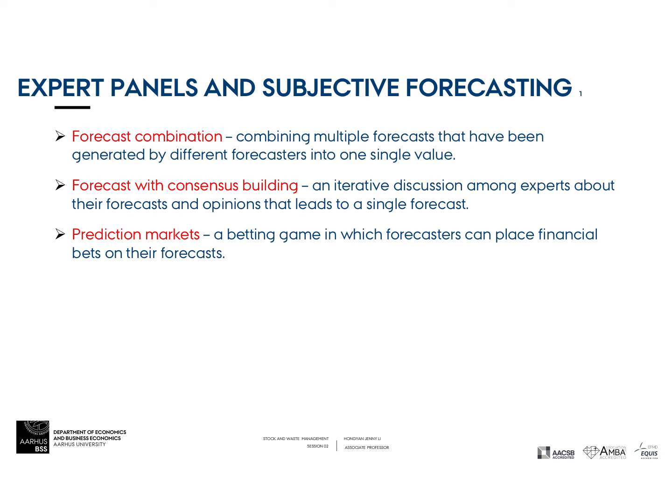Here we're talking about forecast combination. You can combine multiple forecasts that have been generated by different methods or different forecasters, and then forecast with consensus building, an iterative discussion among the experts about their forecasts and opinions that leads to a single forecast. The textbook uses four doctors' forecasts for patients, but you can also use four salespersons' forecasts for sales.